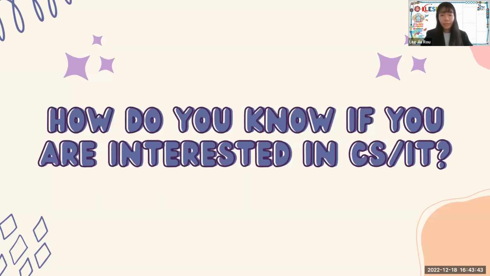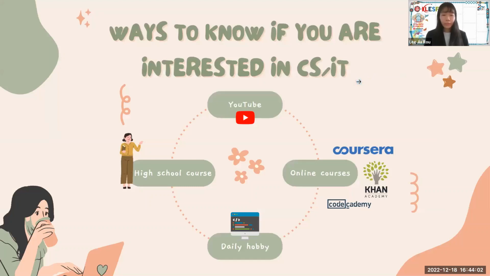So next thing will be, okay, how do you know if you are really interested in CS, which is computer science, or IT, information technology? Okay, so first, you can use YouTube.